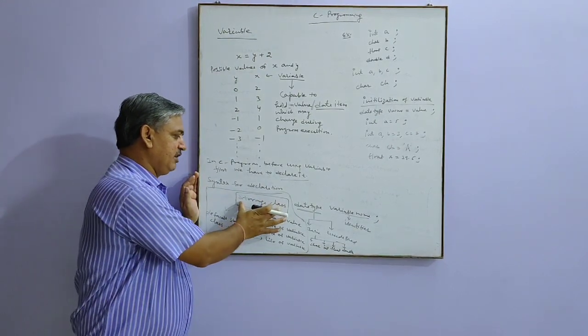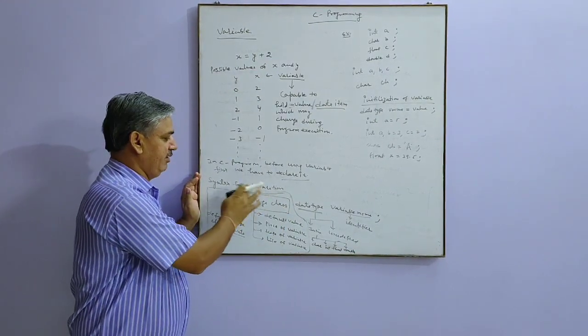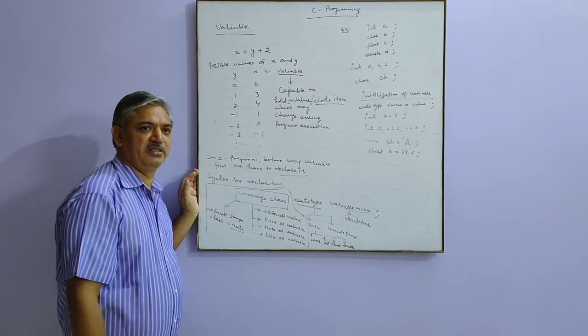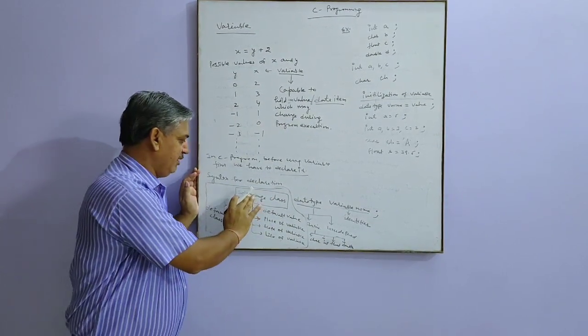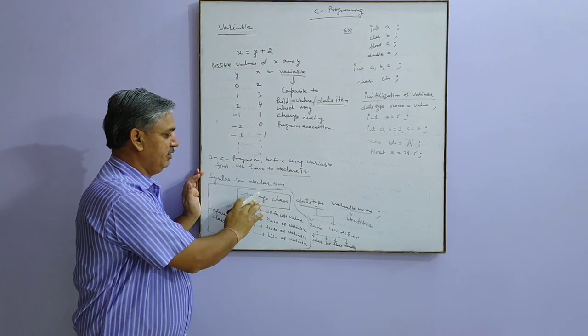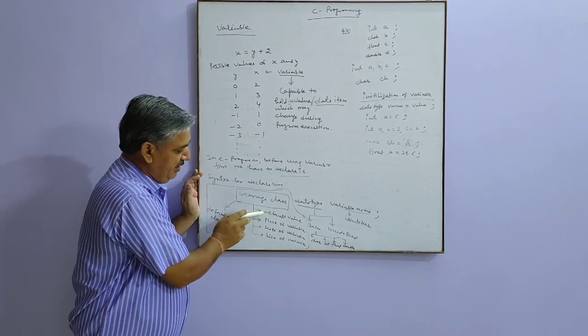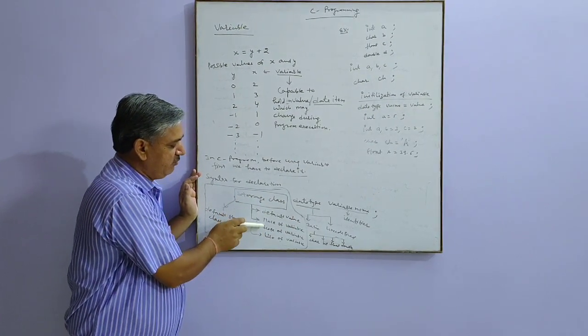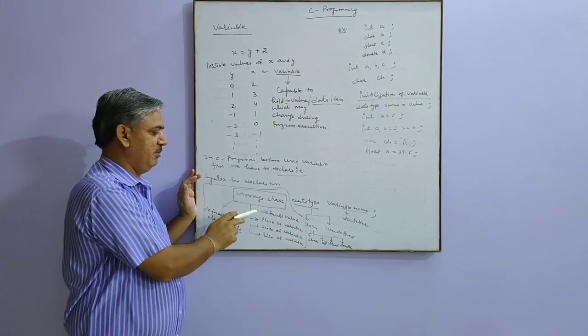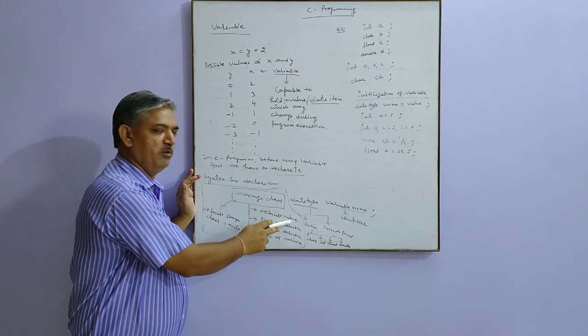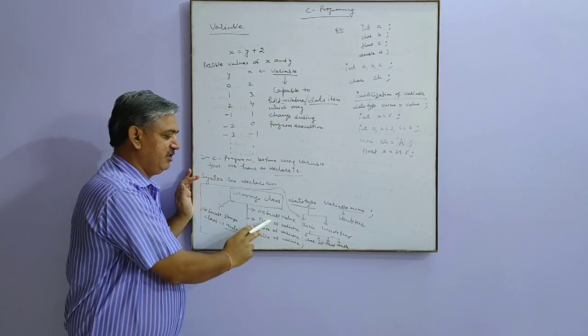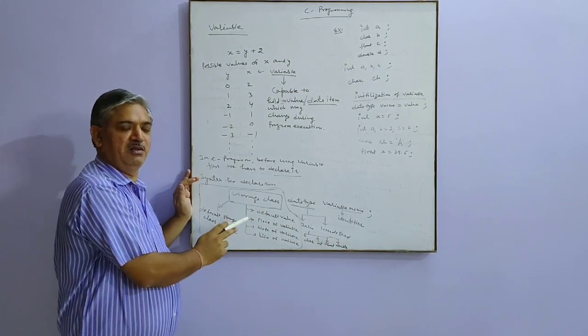The storage class we will explain in a later section. Storage class basically provides four pieces of information about the variable: What is the default value of the variable? What is the place of the variable?